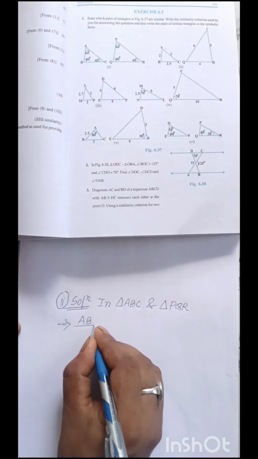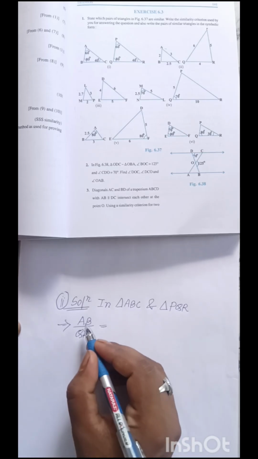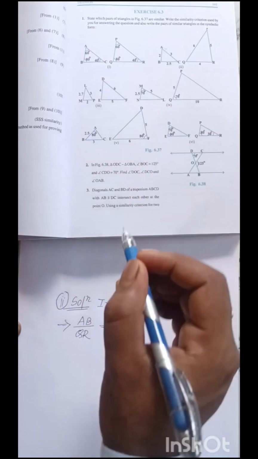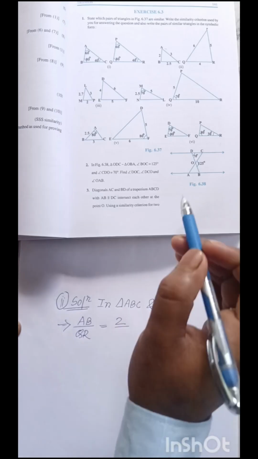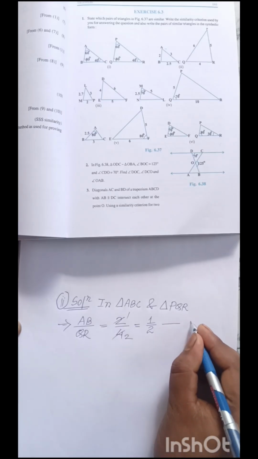AB by QR equal to, the value of AB is 2 and QR is 4. 2 1s are 2 and 2 2s are 4. So AB by QR equal to 1 by 2. Call this equation number 1.